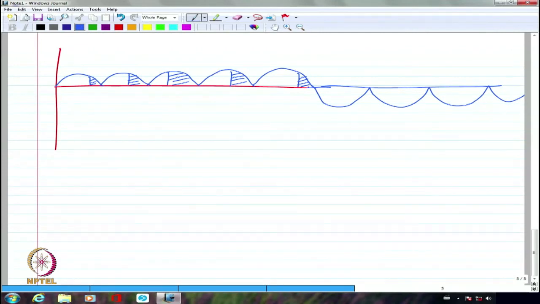The next half cycle I can make it 60. The next half cycle I can make it 30 or even less. Then the next half cycle I can again make it 60. Then the next half cycle I can make it close to 90. So this will essentially approximate my output voltage to something like this. It is starting from a very minimal value, it is reaching a peak here, and then it is coming down to a small value.